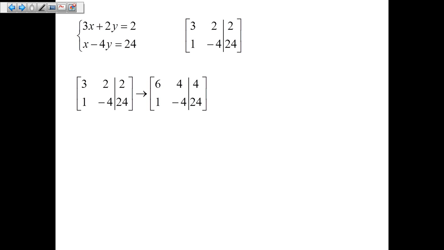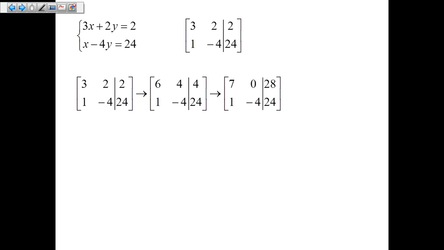My first change, you'll notice that only the top equation, the top row, which represents the top equation, has been changed. I doubled it. I did that so that I could attack one of those 4's in the second column. Which one do I want to get to 0? Well, I'd like to get the 4 in the top row to go to 0. So my next operation is I will take the top row, row 1, and I will add row 2.